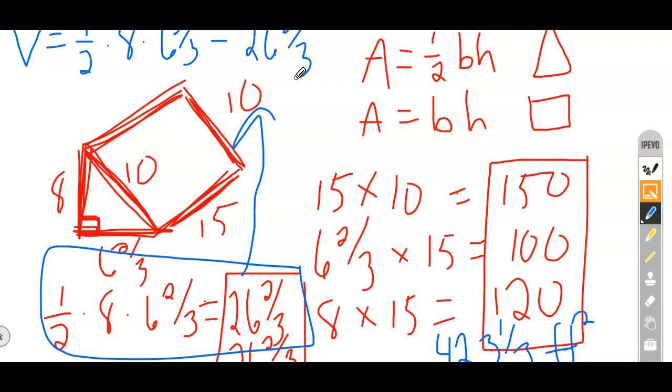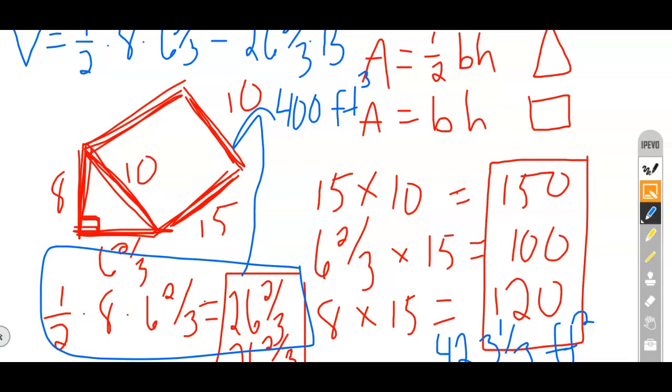So we take that area of the base times the height of the whole thing to fill it up, and that would be 15 on this one, right? So 26 2/3 times 15, 400, and that is cubic feet, because we're talking about all 3 dimensions, length, width, and height.